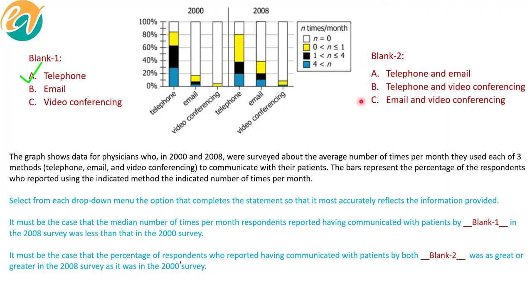So which of these combinations is greater in 2008 than in 2000? How do we find out? This is a tricky question, guys.